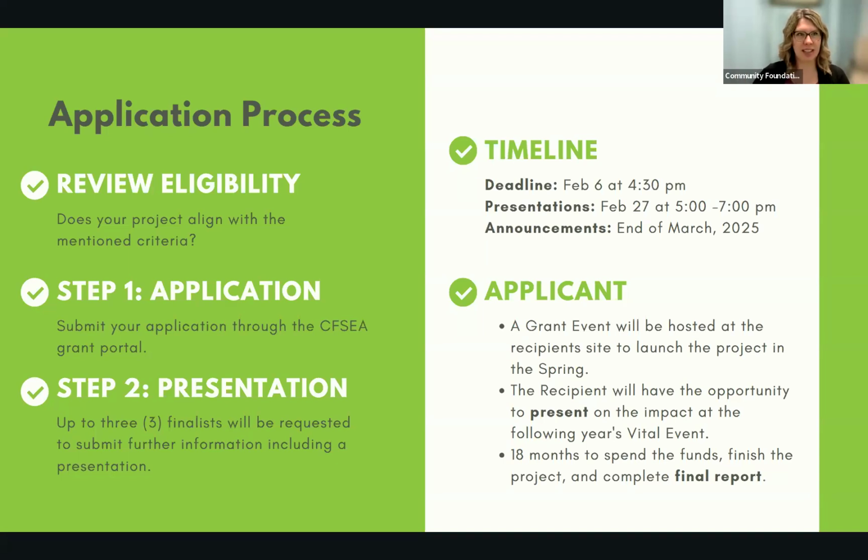All right, so then the actual step one is the application. So you have to go through the CFSEA grant portal. Again, you can find that link on our website. And again, I will send a follow-up email after with the link there. If you have not created a profile, you'll need to do that the very first step.